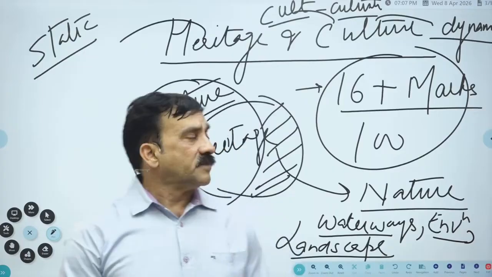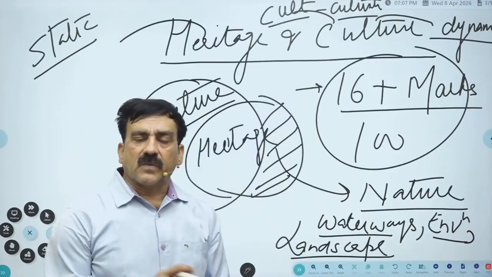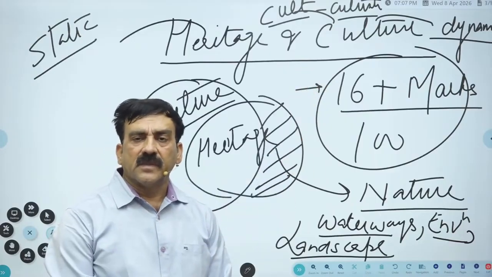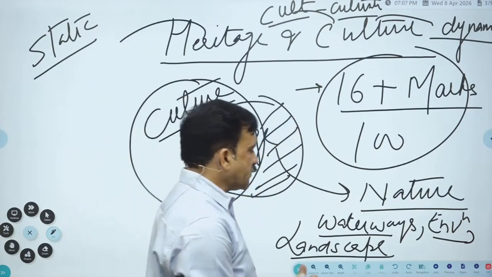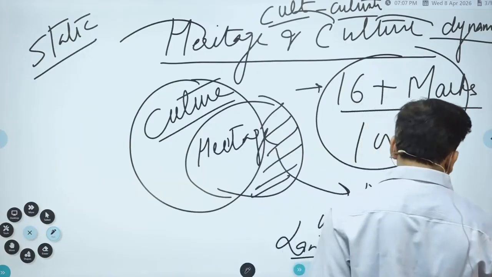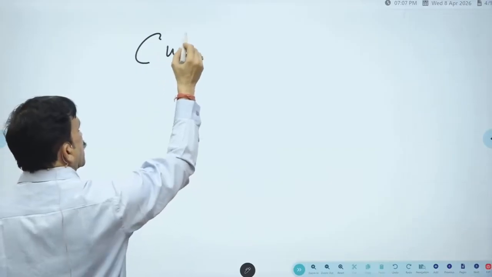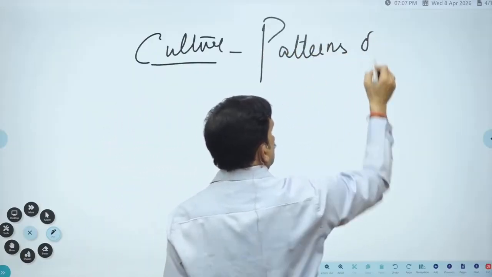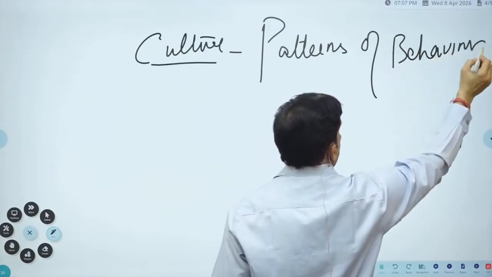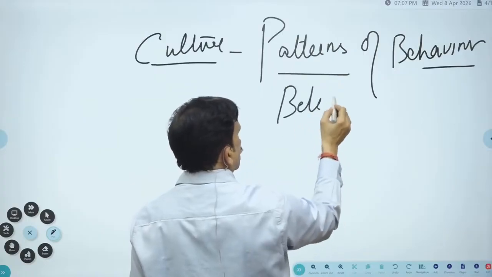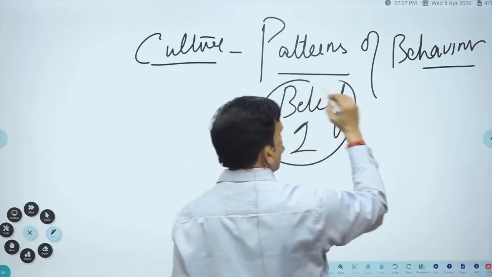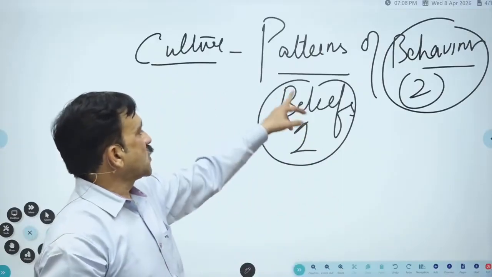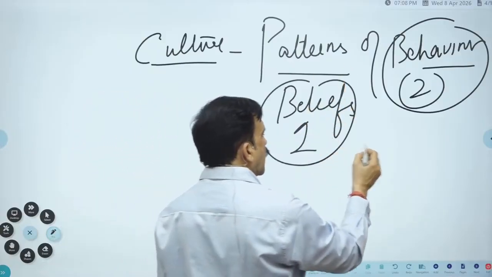So try to understand in a very simple way how we can define culture, as majority of sociologists and social scientists have consensus on this point, that culture symbolizes patterns of beliefs and behavior evolved by the society. So take it very simple.